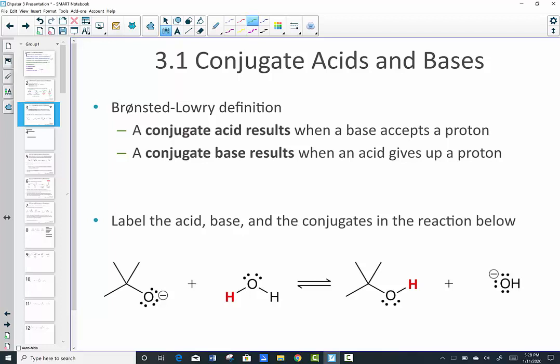The species that form are known as conjugates. A conjugate acid forms when a base accepts a proton. The conjugate base forms when the acid gives up its proton. Remember a general rule: between 2 pairs, acids always have 1 more hydrogen.